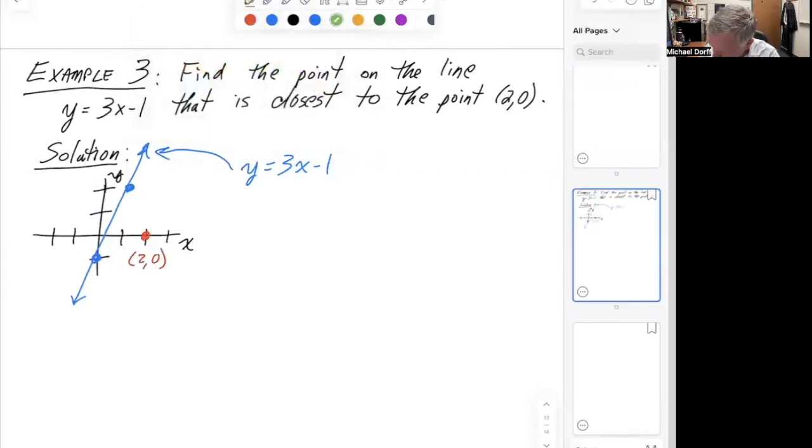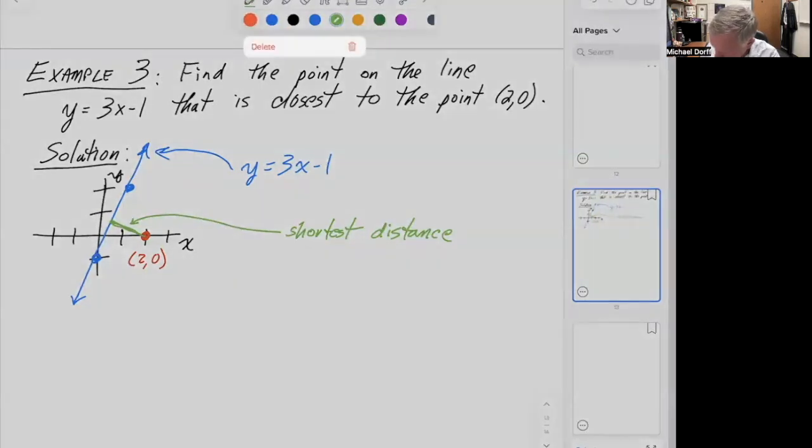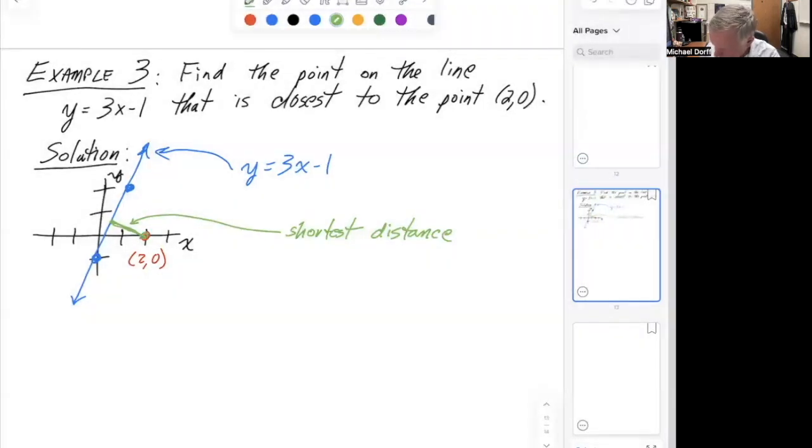And now I want to find, if I were to draw a line here, the shortest distance for this line that connects the red dot here to the blue line.